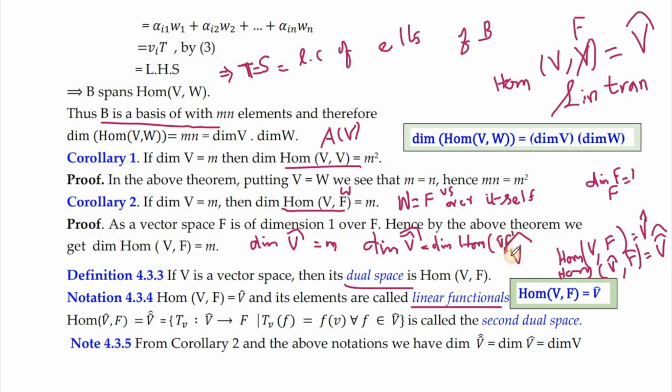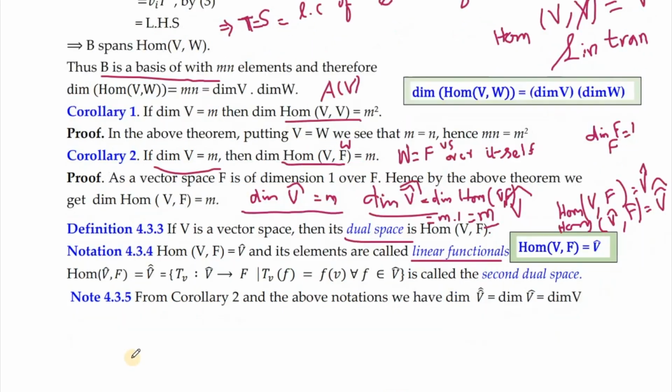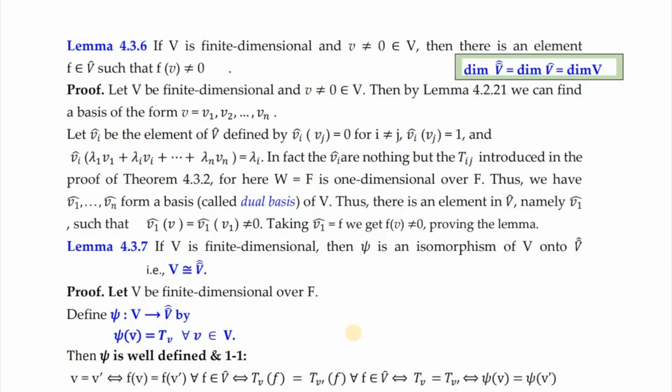So you have the dimension of V cap which is m and the dimension of F which is 1. So we conclude the dimension of V double cap is also m, since m into 1 is m only. So if the dimension of V is m, the dimension of V cap is also m, and the dimension of V double cap is also m.